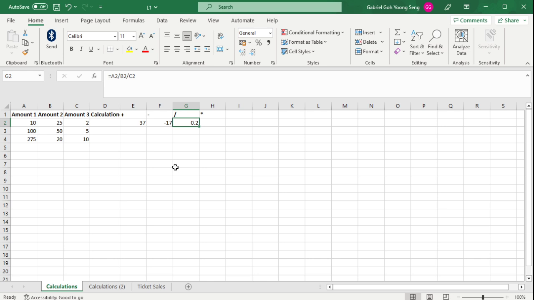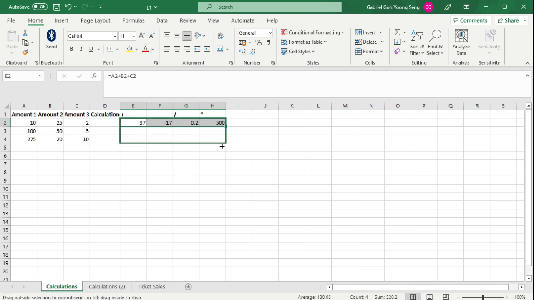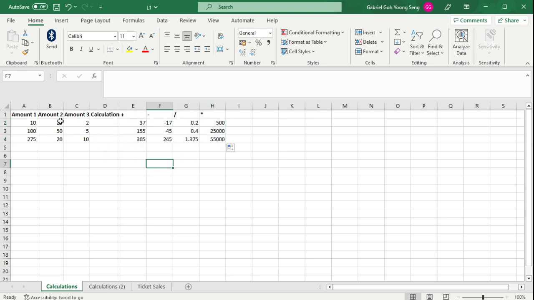So in this case, 10 divided by 25 before being divided by 2. And finally, we also have multiply. So 10 multiply with 25 and then multiply with 2, and we will get 500. So it works all the same, and it can change accordingly. If you test it out with your calculator, you'll be able to get the same answer here.